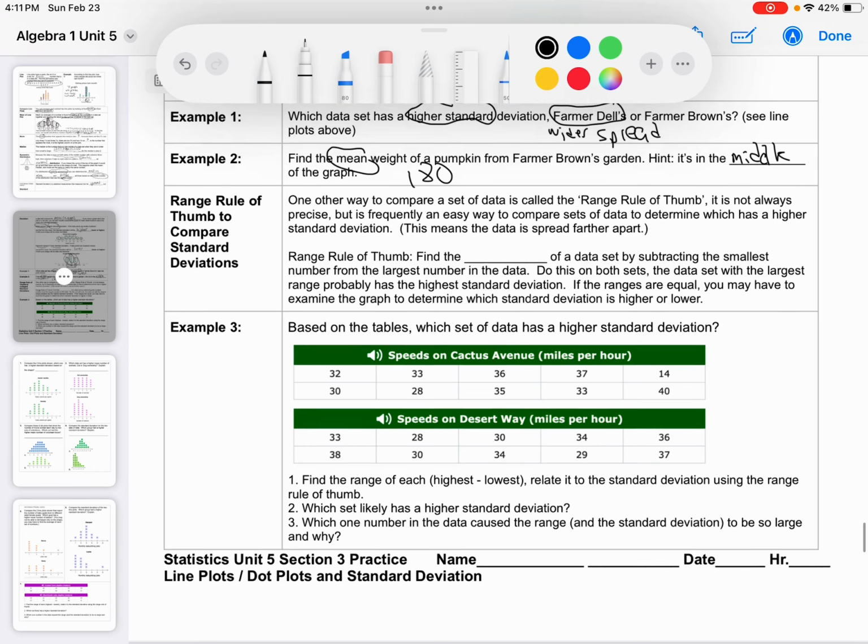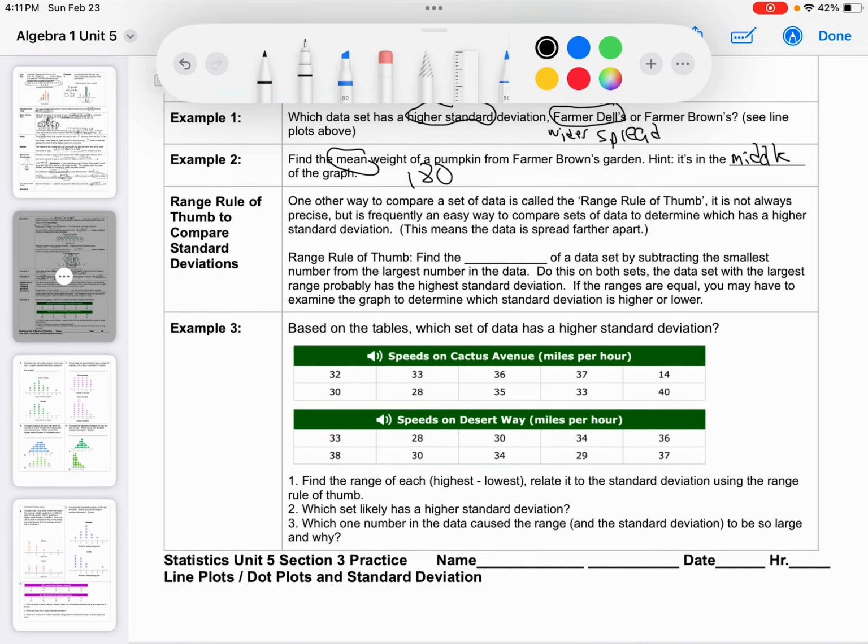Finally, when looking at a table, we're going to want to find the standard deviation of a table as well. One thing we can use is what's called the range rule of thumb. It's not always precise, but it is frequently an easy way to compare sets of data to determine which has a higher standard deviation.